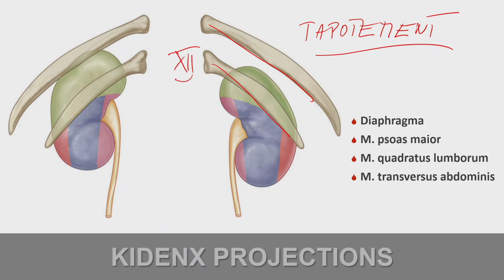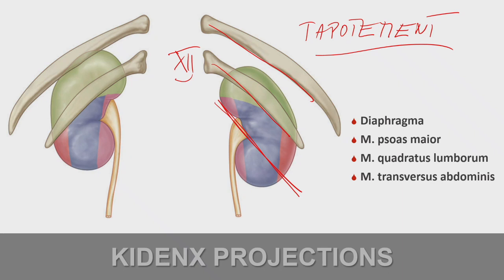This is irritation of the capsule of the kidney, and this maneuver could assess the pathological process. So the hit is somewhere below the 12th rib.